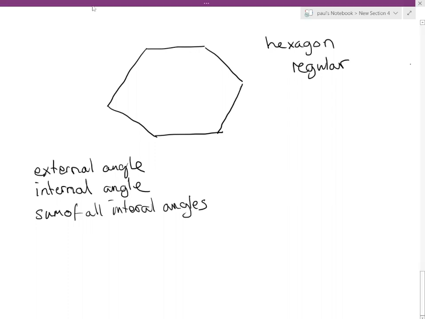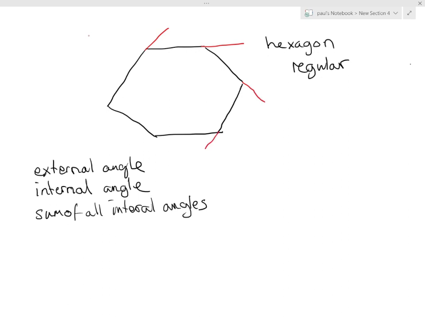Now the external angle, how do we find this? We'll take each line and extend it like this. You only have to do it with one side, but I'll demonstrate with all. Now these are the external angles. And because this is a regular shape, all the external angles will be exactly the same as each other.